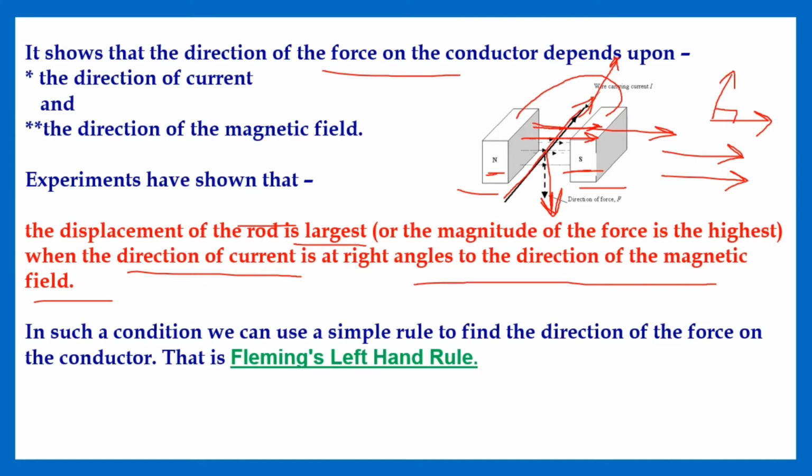In this condition we can use a simple rule to find out the direction of force on the conductor, and that rule is known as Fleming's left hand rule. That rule we will also discuss further in the same session.